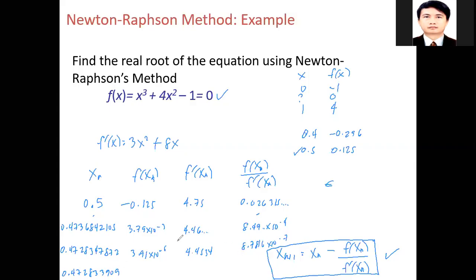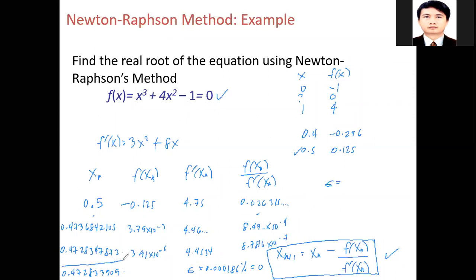Now if we compare using the formula for the percentage error, x new minus x old over x new, take the absolute value times 100, this will give us the percent error as 0.000186 percent. So this is almost close to zero or less than 1. So this is acceptable now.